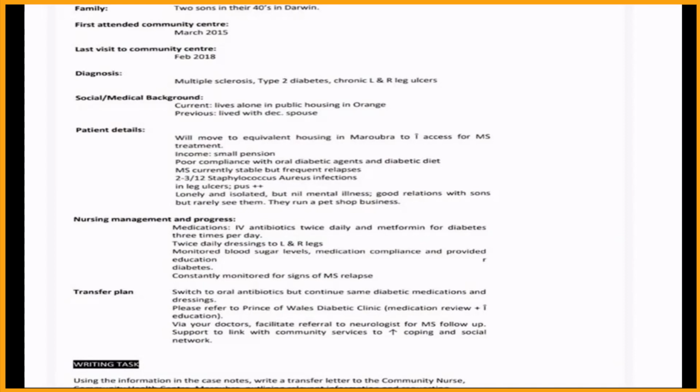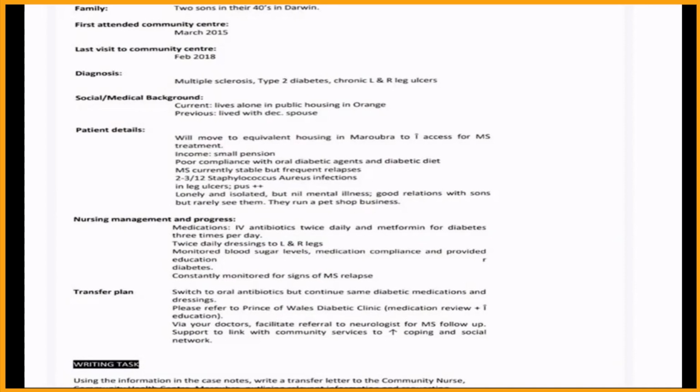Okay, 2 to 3 months out of the 12 total months. Now, Staphylococcus aureus infections in leg ulcers with increased pus. Where should that come? Leg ulcer. It should come under the chronic leg ulcers, isn't it? So did you understand how to place the information? Because that helps you in writing the letter and organizing it beautifully.